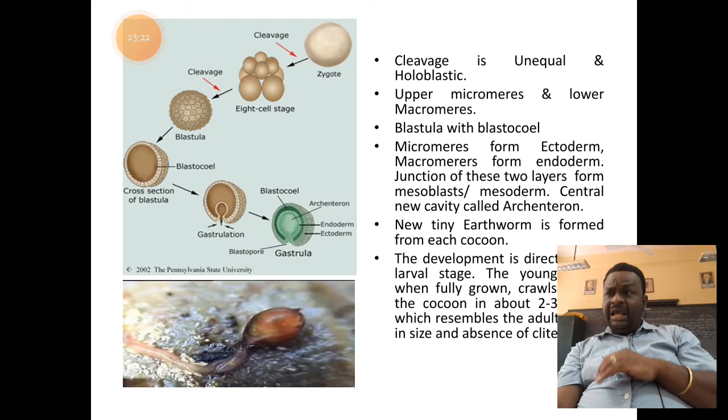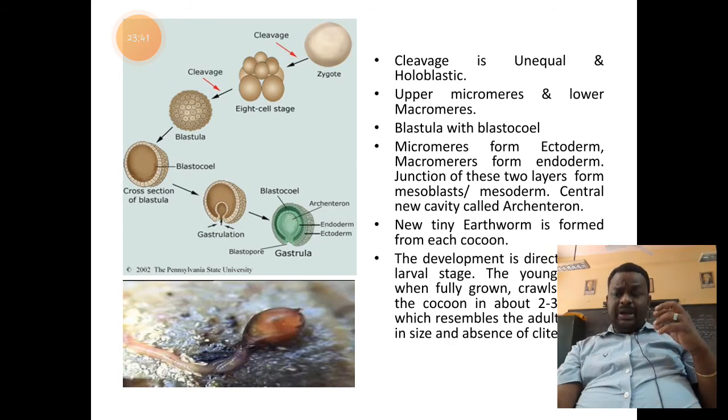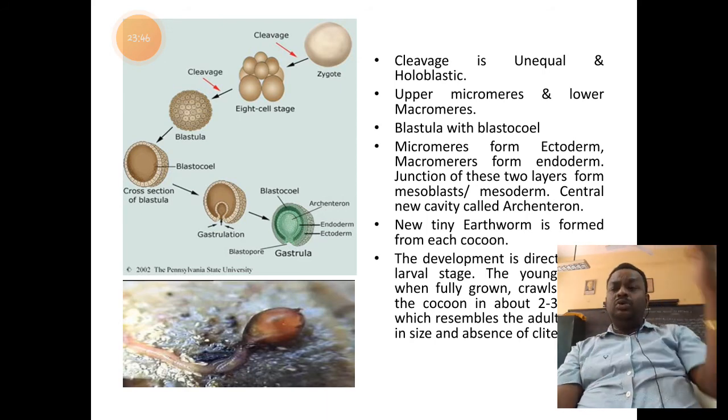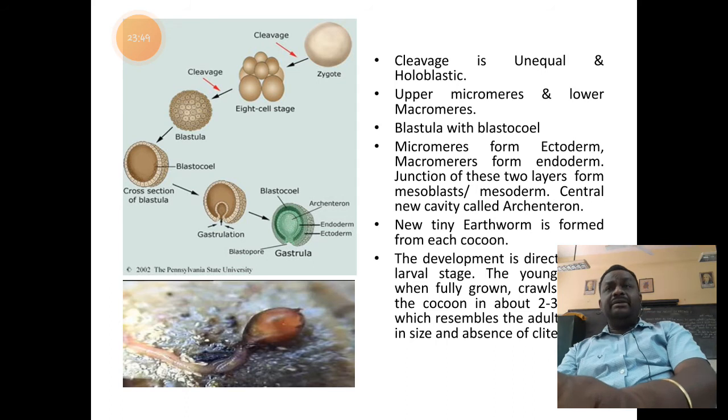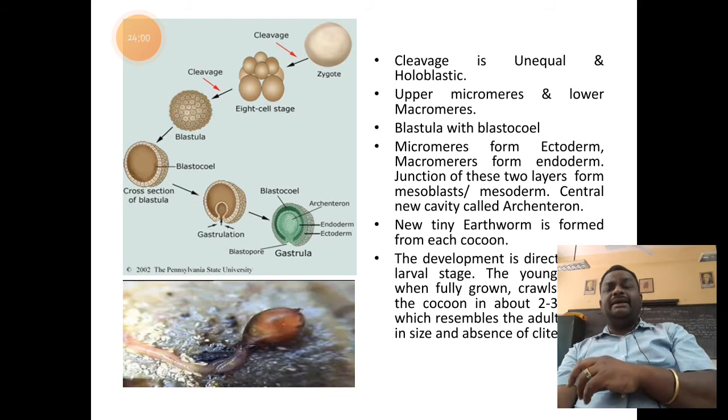Now, the new cavity of gastrocele forms the anus and mouth at the opposite ends, and the gastrula stage further grows or divides the cells to form an embryo. So, this embryo grows in its size, which will break open the outer oothecal membrane, and starts feeding on the albumin present in the cocoon.